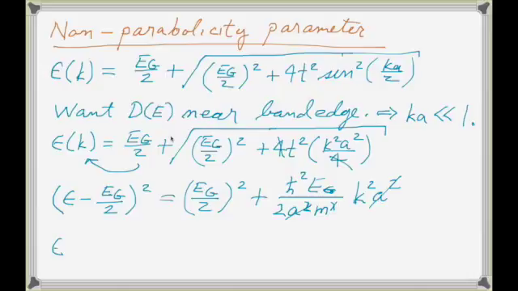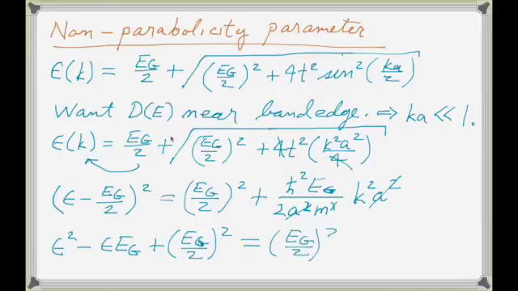I have epsilon squared minus epsilon times the band gap plus this last term squared, which occurs on both sides, so I can cancel it. Eg over 2 quantity squared is Eg over 2 quantity squared plus this last term.